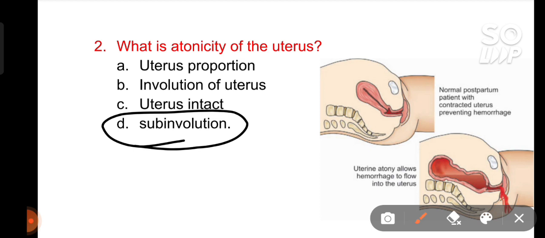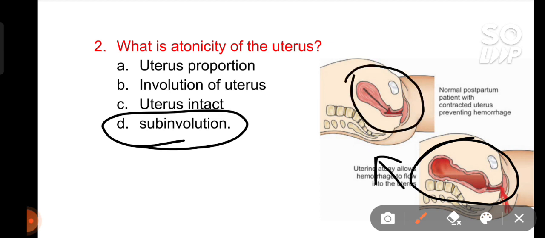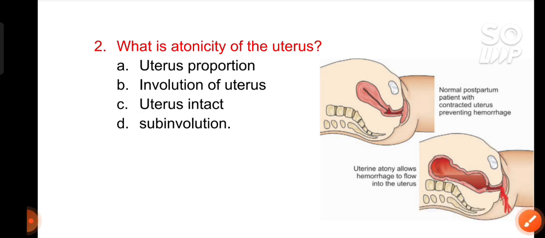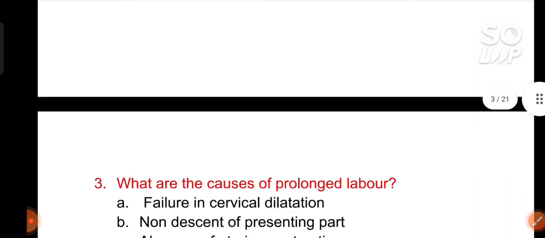After the delivery of the baby, the uterus will be like this. After some days or weeks, the uterus has to go back to the normal structure. That is called involution. When the uterus is not going back to the normal structure, it is called subinvolution or atonicity of the uterus.